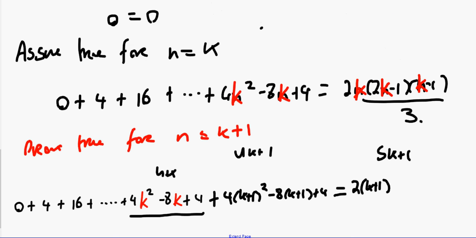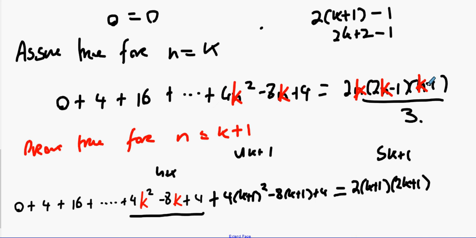So I'm going to do 2k, so it's going to be 2k plus 1 take away 1, which is 2k plus 2 take away 1, which is 2k plus 1. And the last part is k minus 1, so it's going to be k plus 1 minus 1, which is simply k. And that's all over 3.